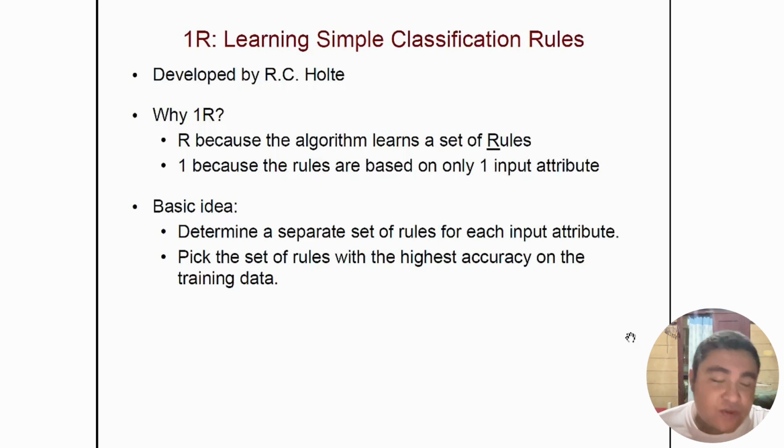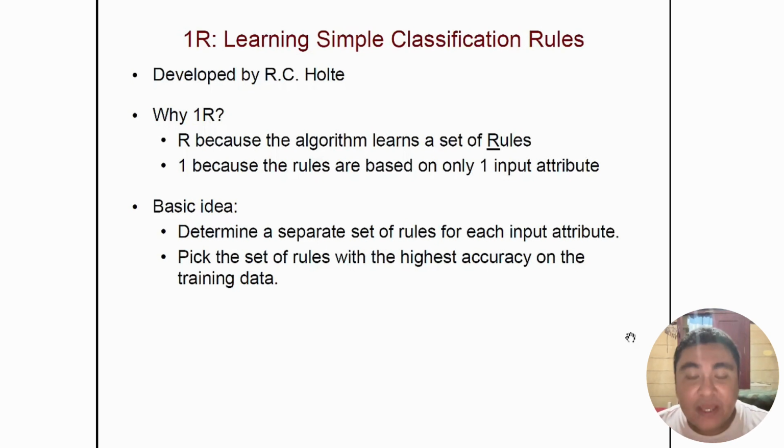In the decision trees we used a lot of attributes like age, gender, income range. But with 1R, for example, age can solely be a factor for a prediction.